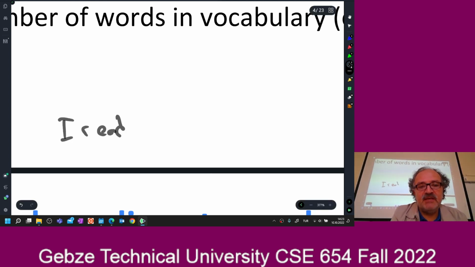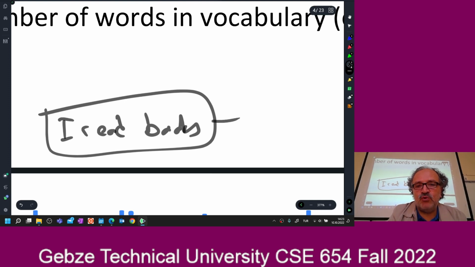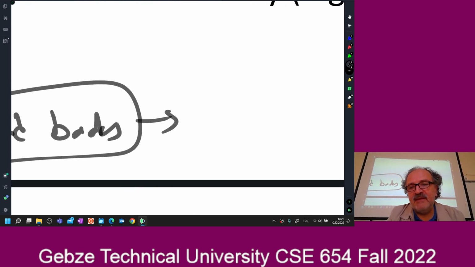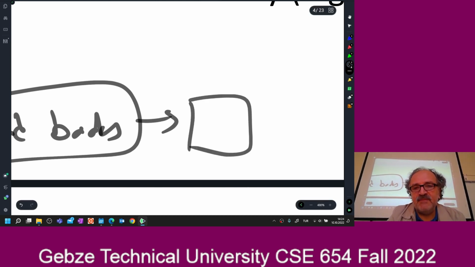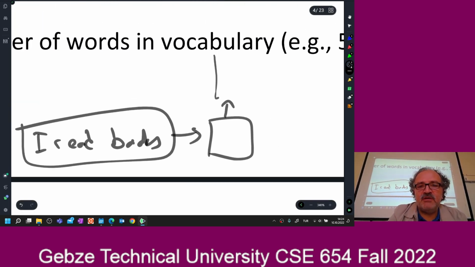I read books, and I give this sentence to a translation system, and I would like this to be translated to Turkish. So this translation system produces a vector every time I call it, of size, let's say, 40,000.